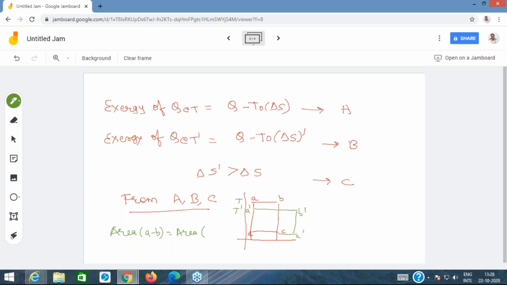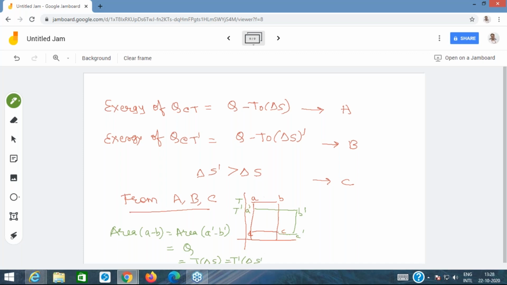If you want to draw this diagram, then you need to draw it this way. Area under A to B has to be equal to area under A dash B dash, which has to be equal to Q, and which has to be equal to the area of a rectangle, which is nothing but T into delta S or T dash into delta S dash.